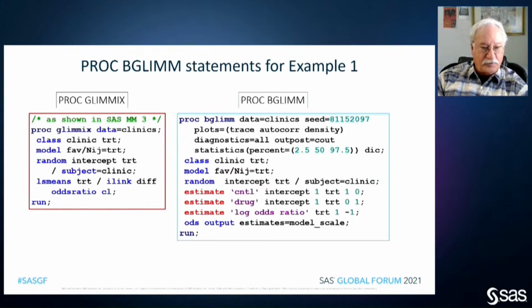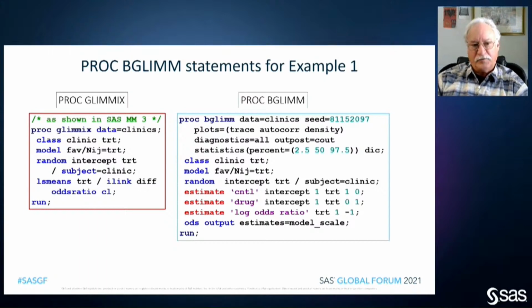Now, let's turn to the BGLIMM statements that you need for this example. If we did this in PROC GLIMMIX, we would have clinic and treatment as class effects. Our model, the syntax for a binomial distribution, is the number of favorable divided by the number of observations in a given group treatment combination.